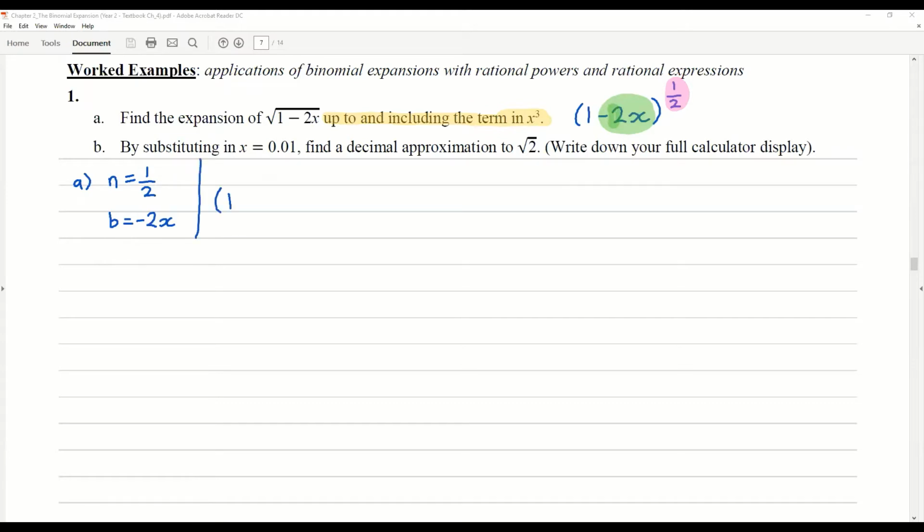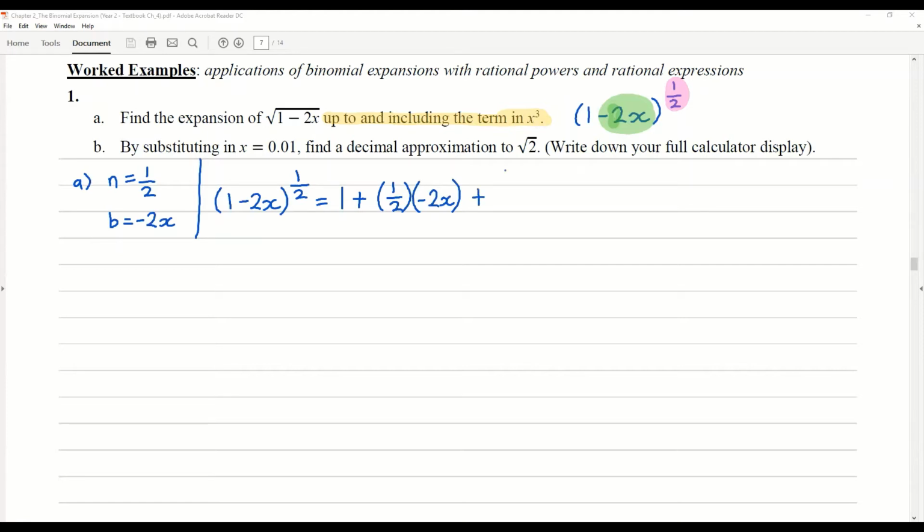So 1 subtract 2x to the power 1/2. And make sure you've got the definition in front of you for this. Is going to equal 1 plus n times b. That's 1/2 multiplied by -2x. Okay, so that's the first two terms done.